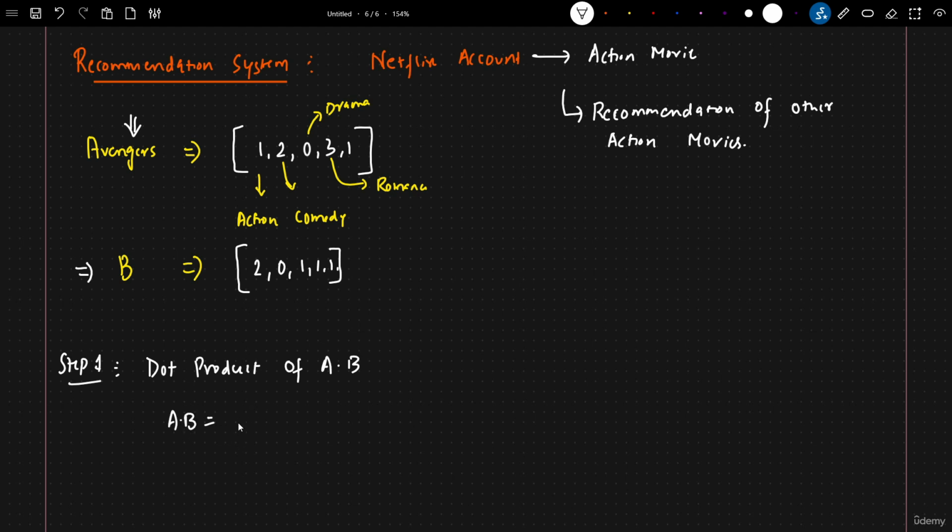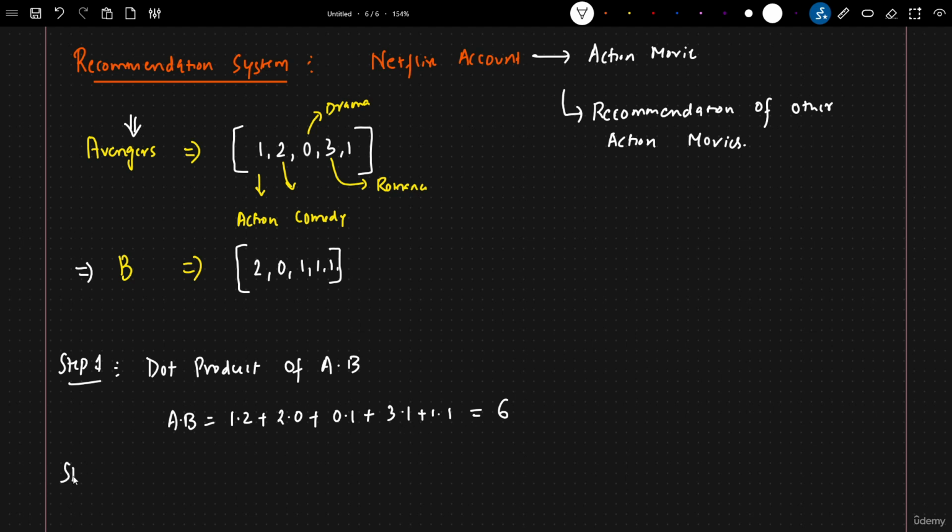We take this vector and multiply with this. So 1 times 2 plus 2 times 0 plus 0 times 1 plus 3 times 1 plus 1 times 1. Once we do this calculation, let's say we are getting 6: 2 plus 3 plus 1, 6.